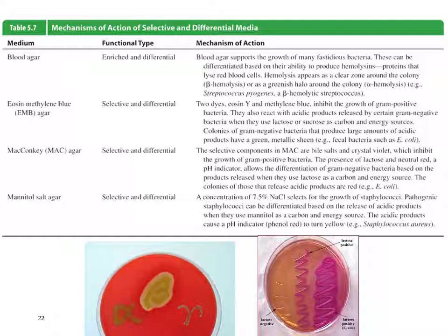Those bacteria that can ferment lactose as their carbon and energy source will release acidic waste products into the surrounding media, and this drop in pH is shown as red colony growth, and this is shown by the neutral red pH indicator. And this makes these bacterial colonies easily distinguished from the colonies of non-fermenting bacteria.